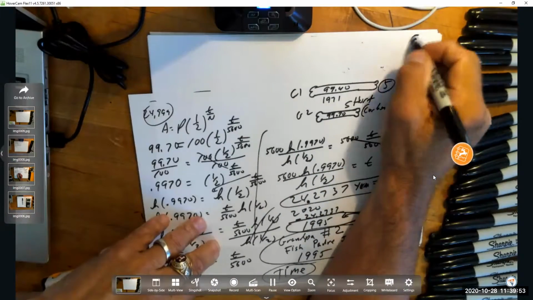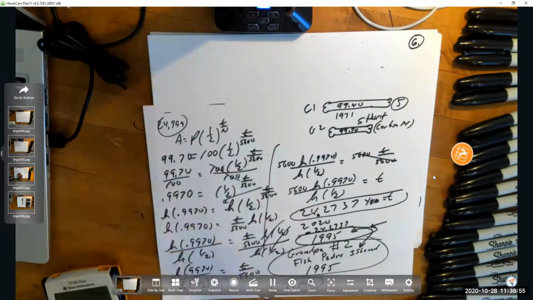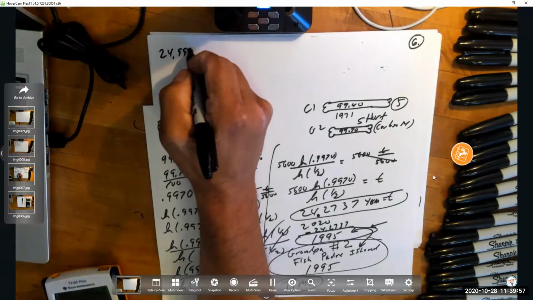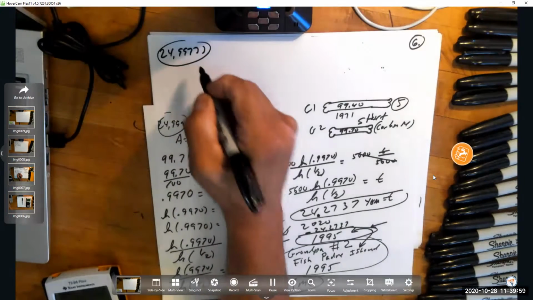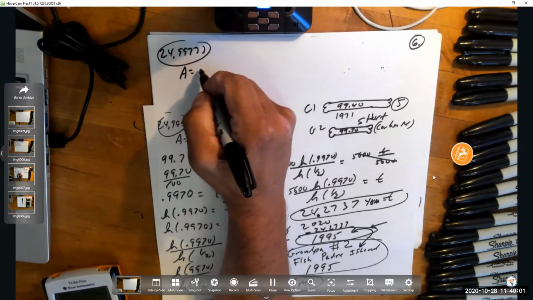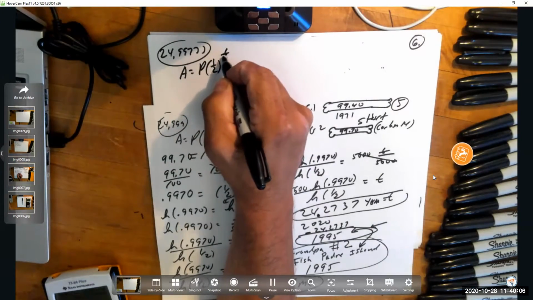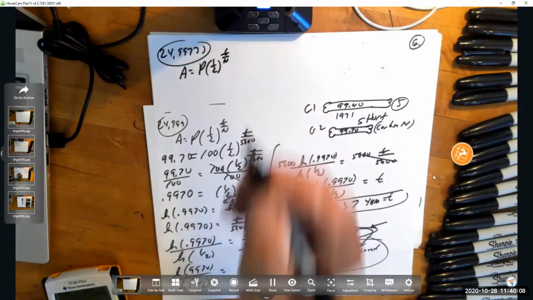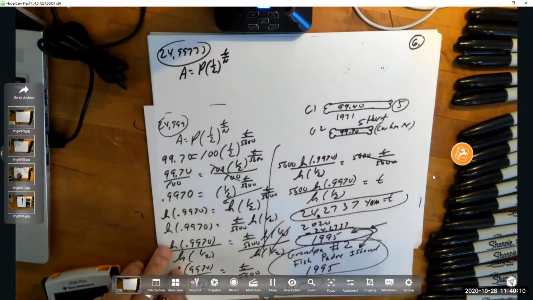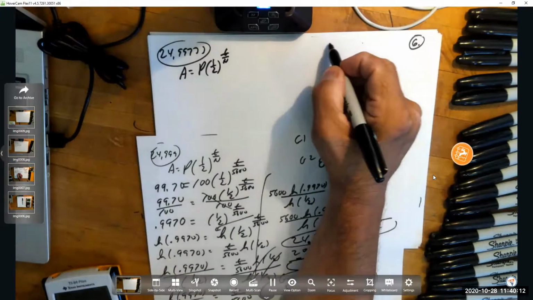Okay, I'm gonna do one more of these. Same formula. A equals P times 1/2 T over N. Let me write these numbers again so I remember what they are.